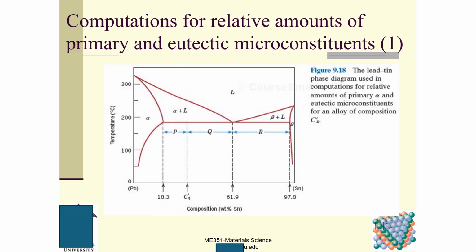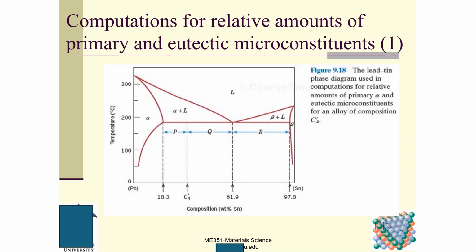First, we talk about computations for relative amounts of primary and eutectic microconstituents. We still use the lead-tin phase diagram as an example, for the relative amounts of primary alpha and eutectic microconstituents.